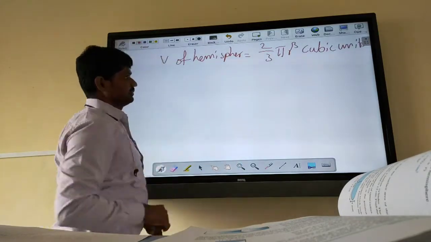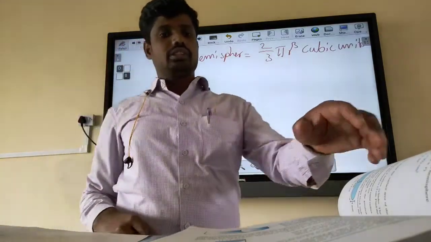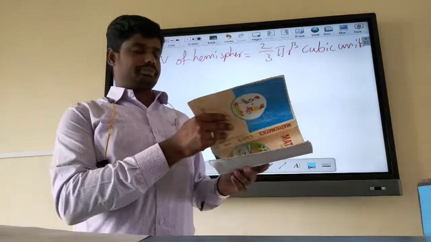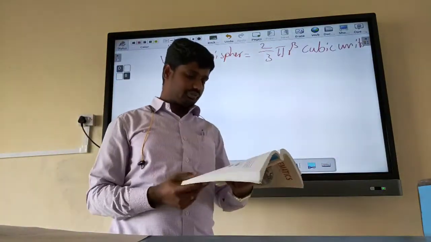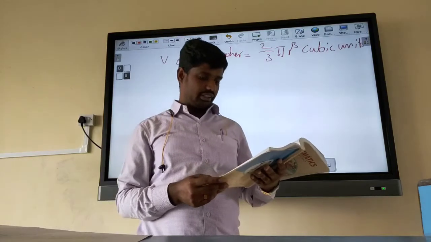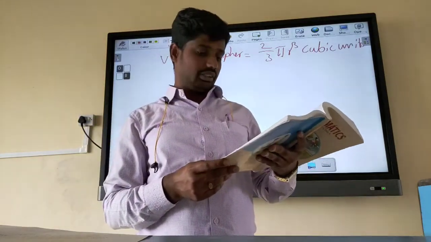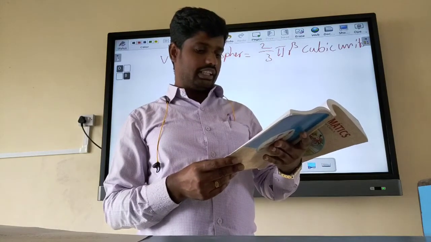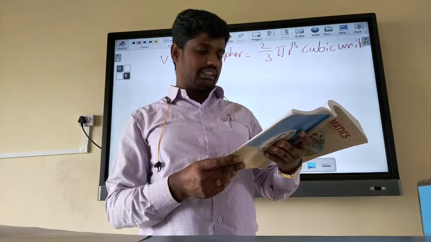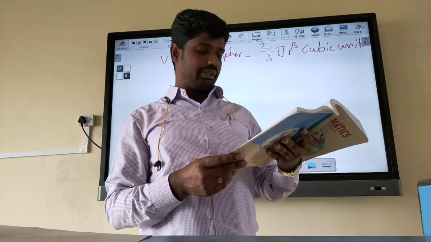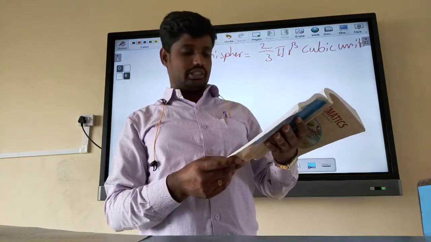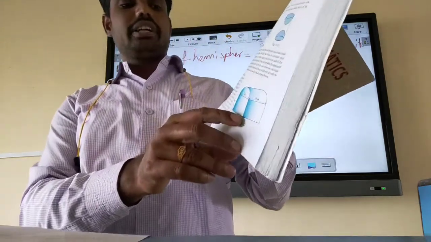See, children, combination of volume of figures. Example 5, observe all of you, page number 245. Volume of combination of solids. Example 5: Shanta runs an industry in a shed which is in the shape of a cuboid surmounted by a half cylinder. See, children, this is the figure.